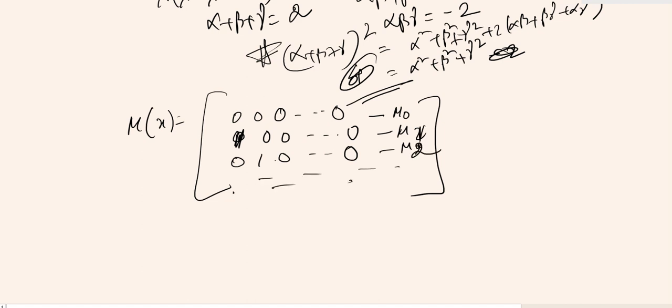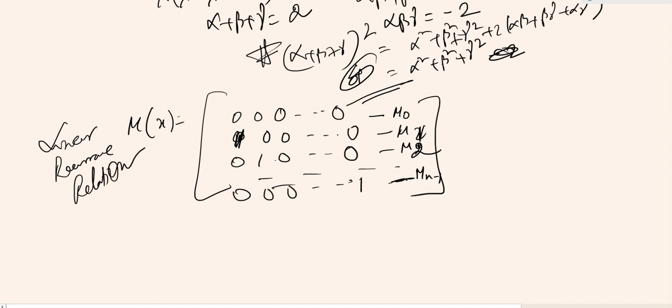In that way it goes on, and then 0 0 0 and 1, M of n minus 1. So there has been a linear recurrence relationship. So from that, this characterization of the formation comes in.